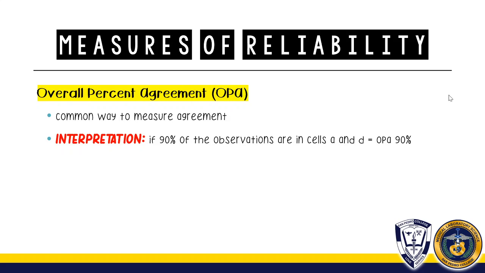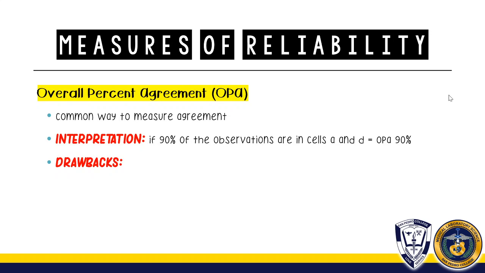For the interpretation of your OPA, if 90% of the observations are in cells A and D, then that is equivalent to an overall percent agreement of 90%. I will explain this further later when we get to examples.